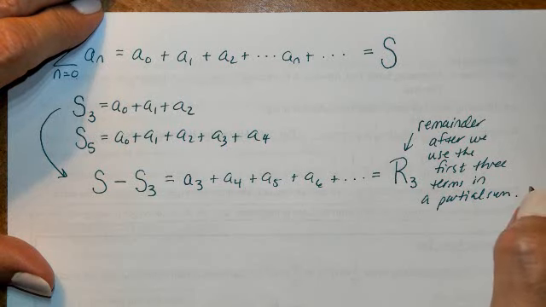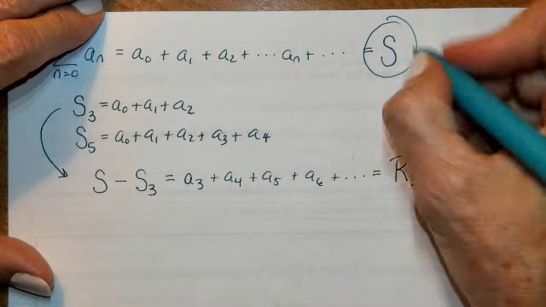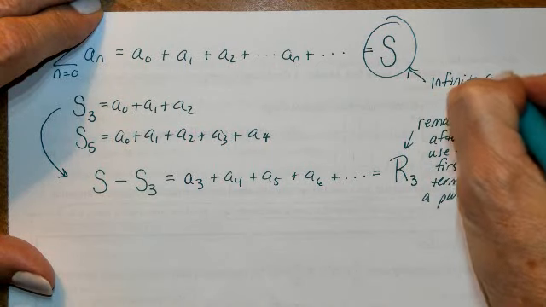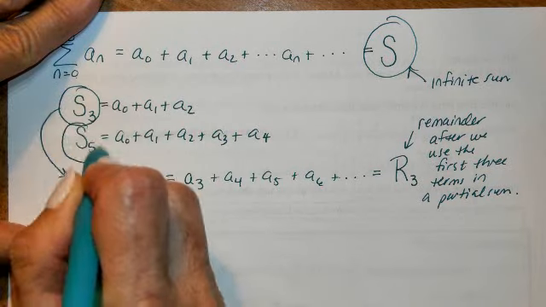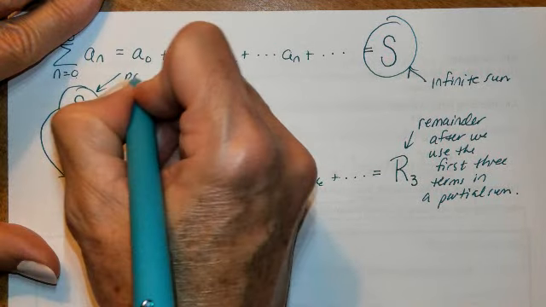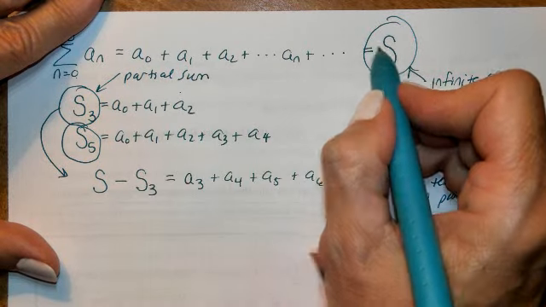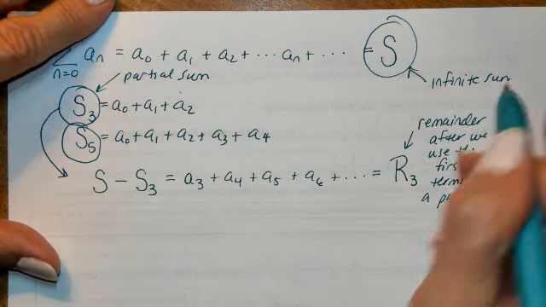So S with no subscript is our actual infinite sum. And S with a subscript is a partial sum. We can use a partial sum to approximate an infinite sum.